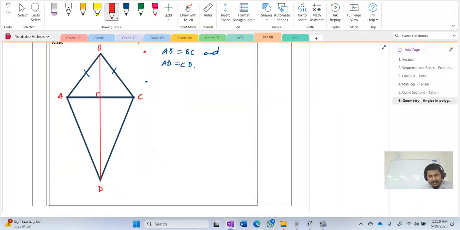And diagonals bisect the vertex angles. The longer diagonal bisects the vertex angle.